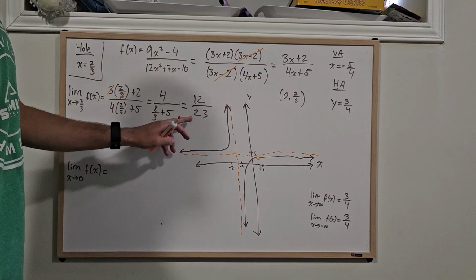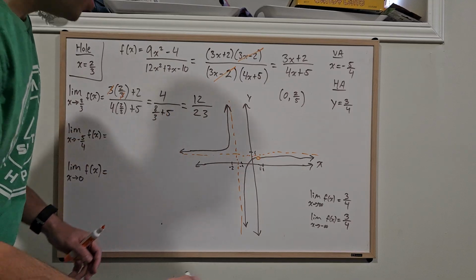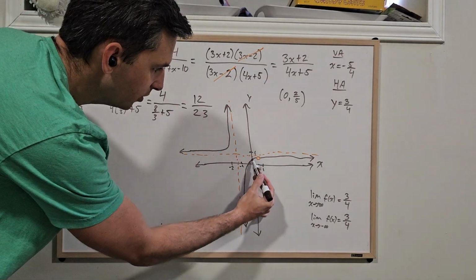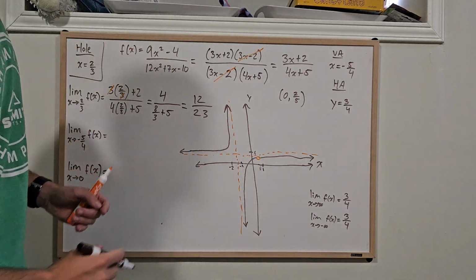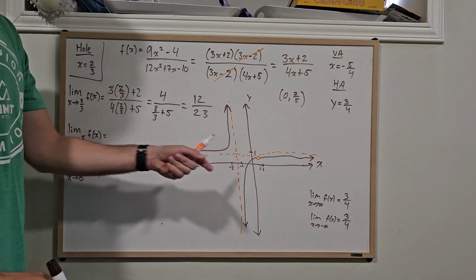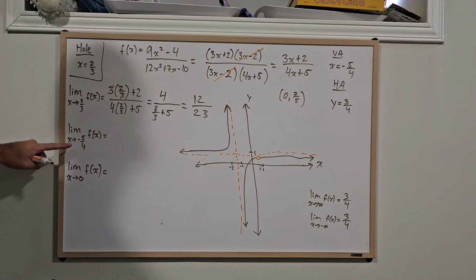And if we look at our graph, 12 over 23, that's about halfway up here. That looks about right where our hole is. So our drawing, even though it's a little bit of a rough sketch, it looks fairly accurate, okay?